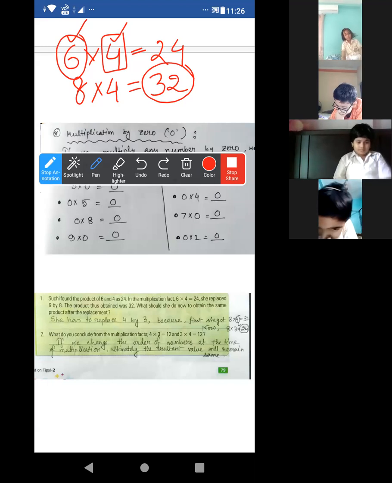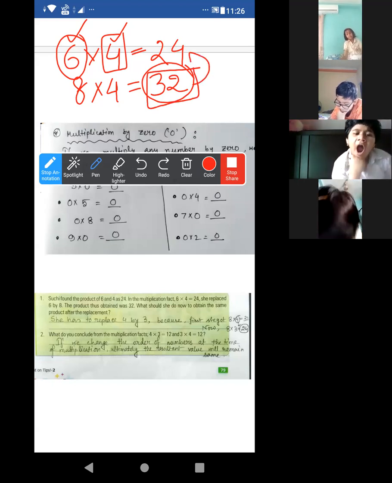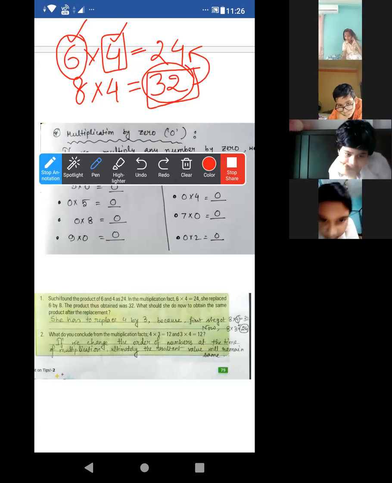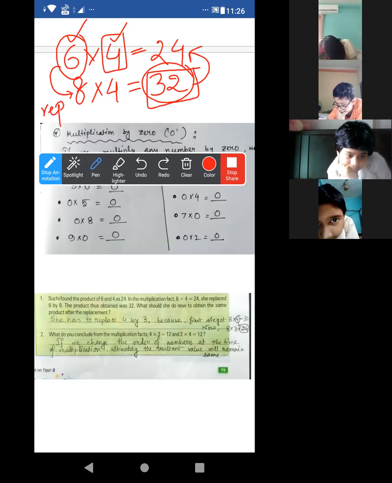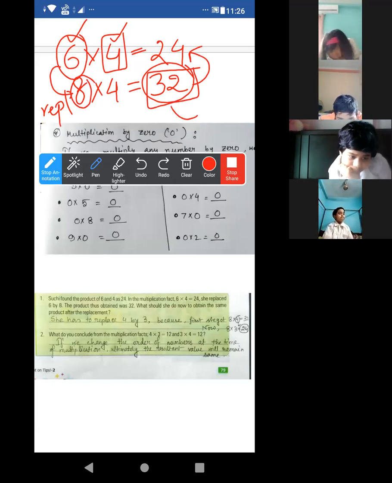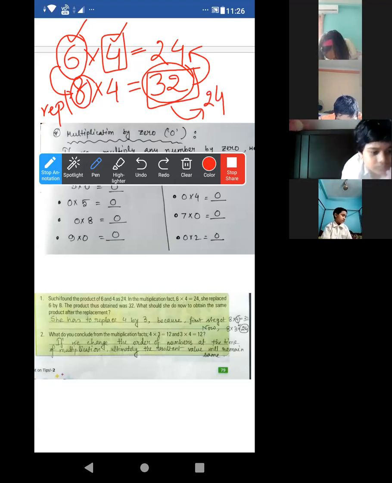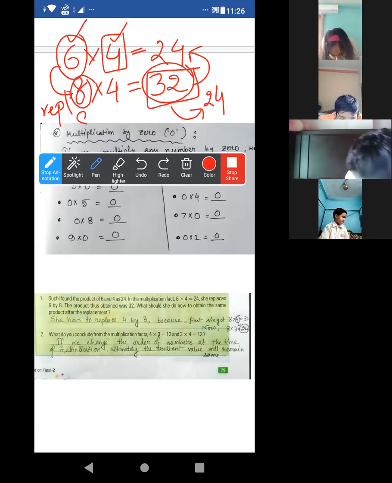That means now what should she do so that this 32 again becomes 24, the same product. 8 is already replaced, so we cannot change it again.